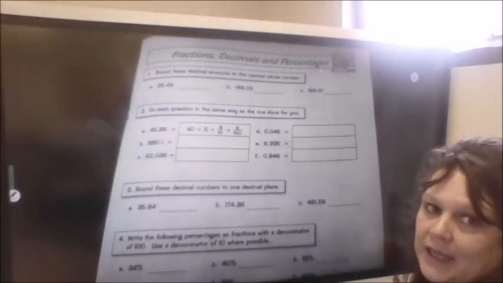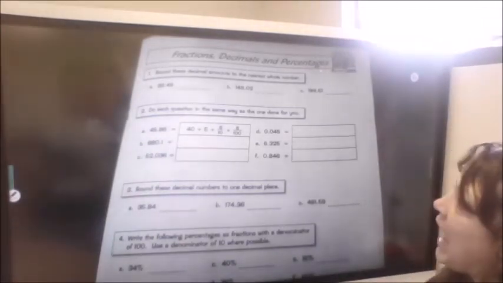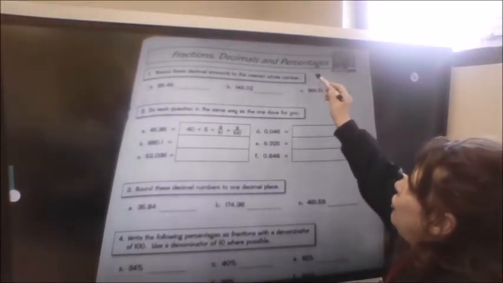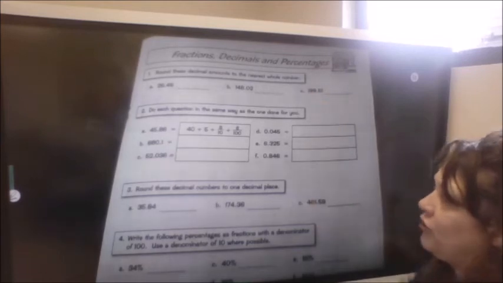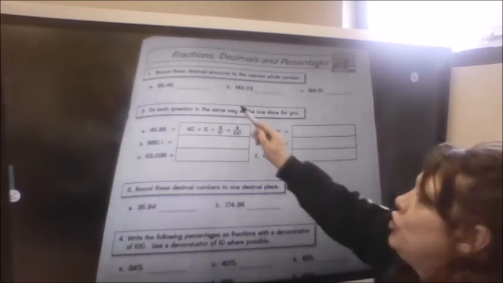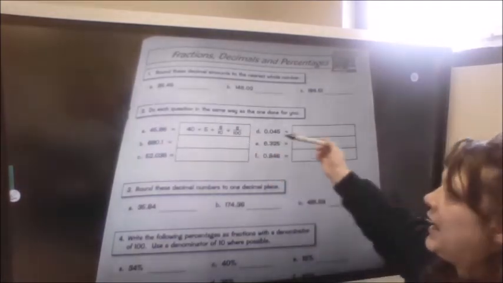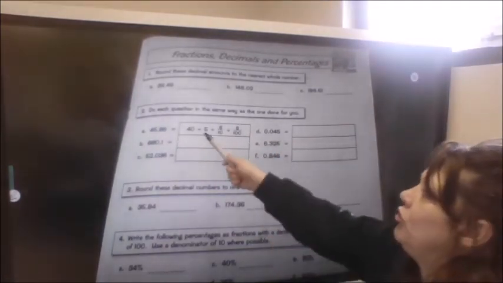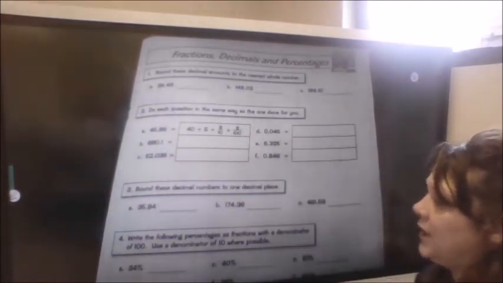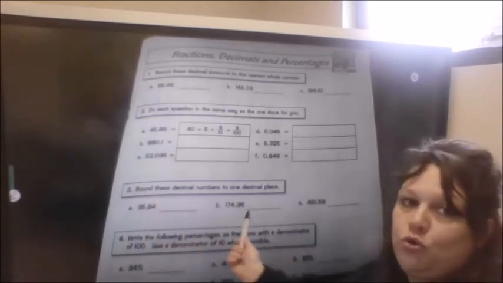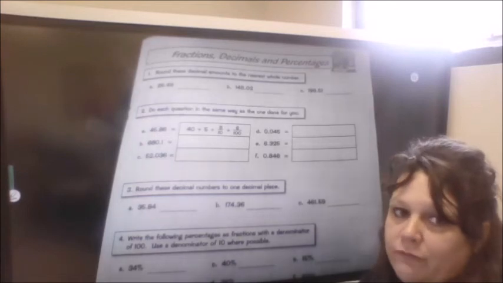You're going to have a go at question 1. Then question 2, where you're partitioning decimals just like it's been done for you in there. And then you're doing question 3. You do not do question 4.